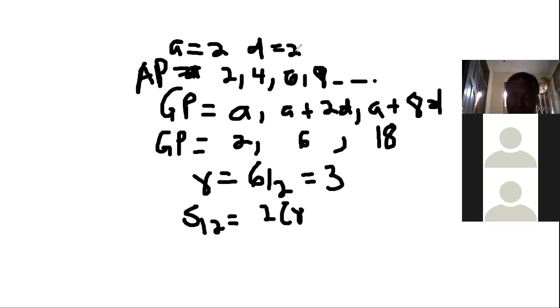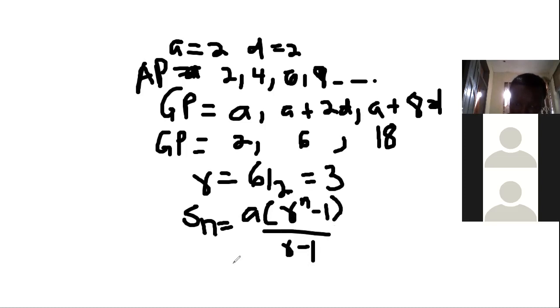I want to write the formula first. So Sn will be equal to A into bracket, in this case, because R is greater than 1, we will use R raised to the power n minus 1, all over R minus 1.